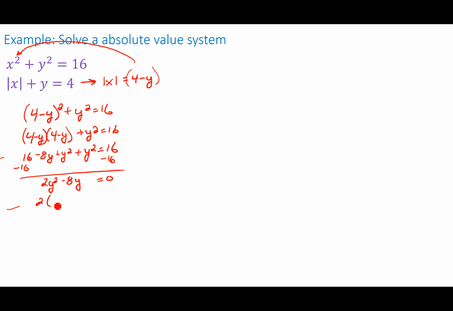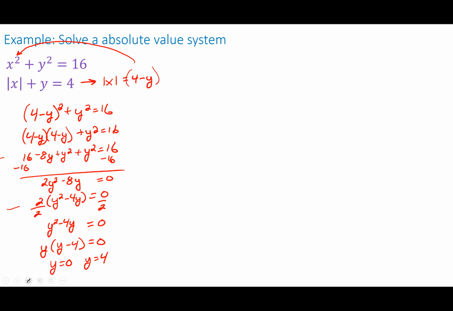Let's factor out 2, and so all I'm left is y squared minus 4y equals 0. If I were to divide by 2 on both sides, 0 divided by 2 is still 0, but on the left, all I have is y squared minus 4y. Factor again, I could factor out y, so this becomes y times (y minus 4) equals 0. So the only way to make this happen is if y is equal to 0 or y is equal to a positive 4.